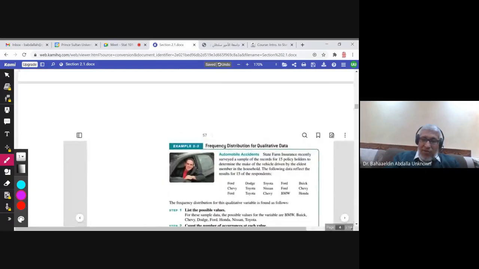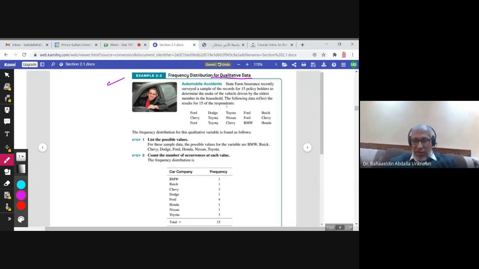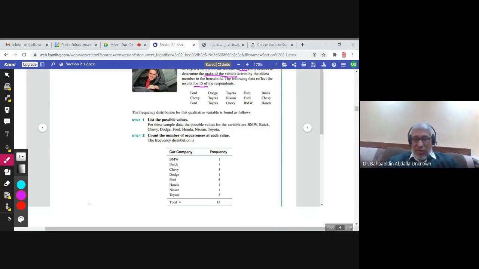You can also have this example. This is another example about frequency distribution for qualitative data. You have here the make of each vehicle. What is the make of the vehicle? 15 policy holders were asked to determine the make of their vehicles, and these were their answers. So you have 15 answers. Qualitative, as you can see, so we can put each car company in one category.